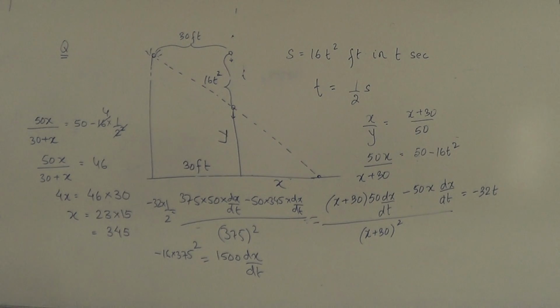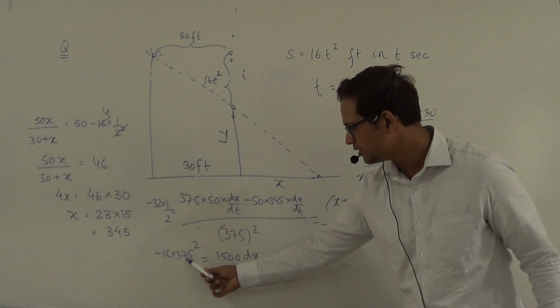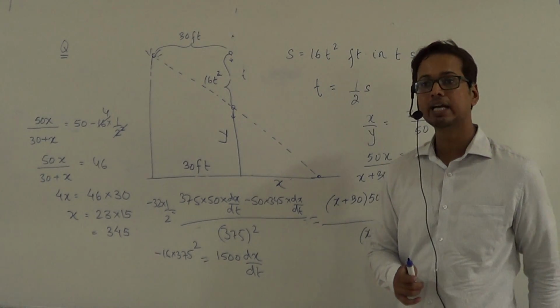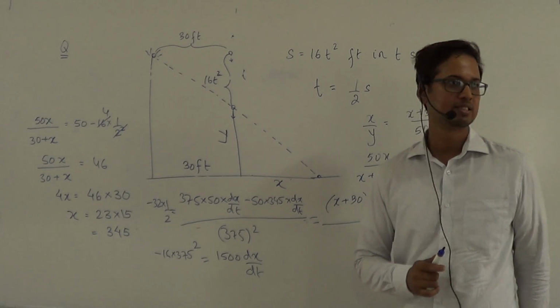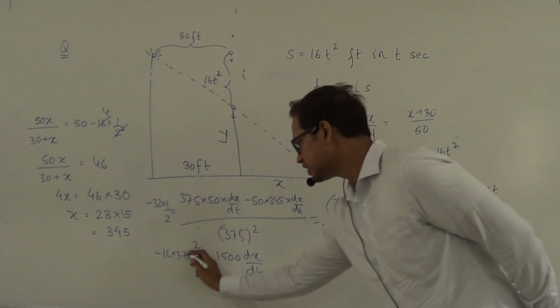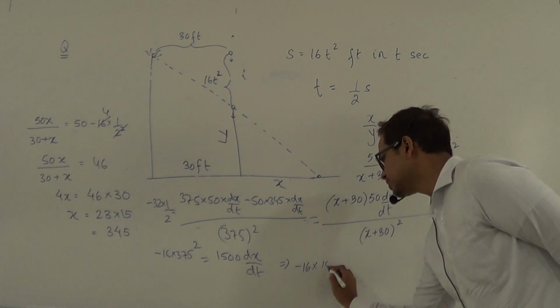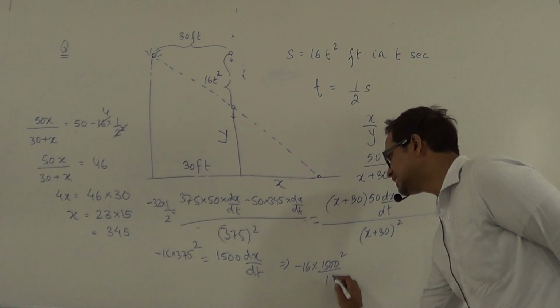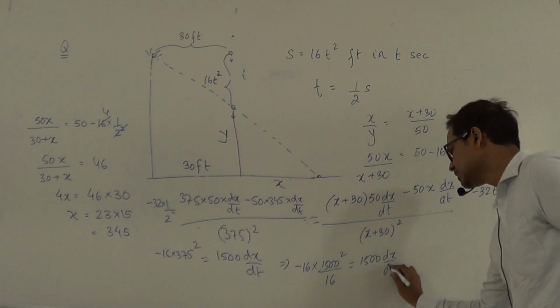Okay. Now it looks to be a huge figure, but if you see carefully, 375 is actually 1500 by 4. Correct? 1500 by 4. So this one will become minus 16 into 1500 square by 16 is equal to 1500 dx by dt.